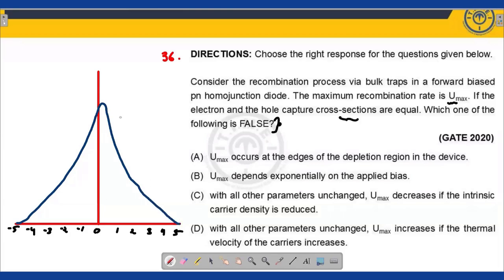This is the relative recombination rate on the y-axis, and here, the relative distance to the space charge region.